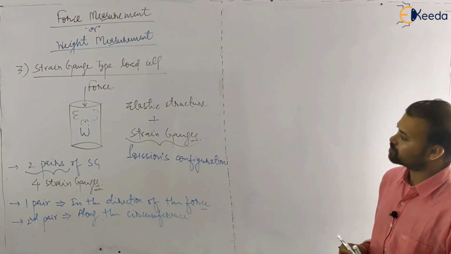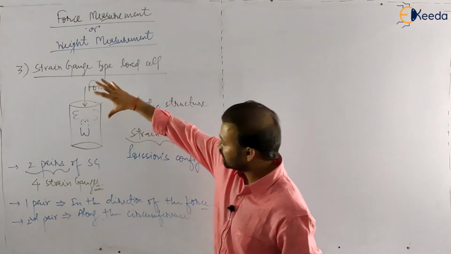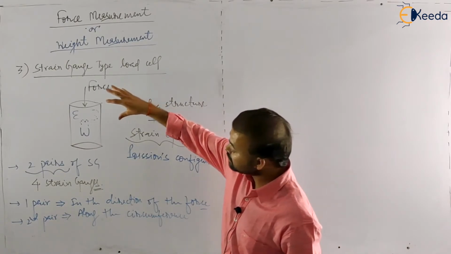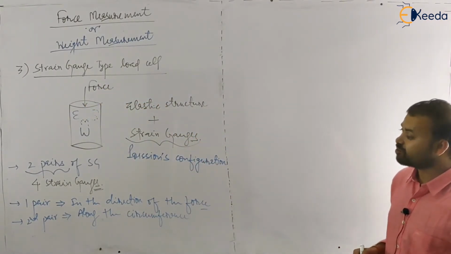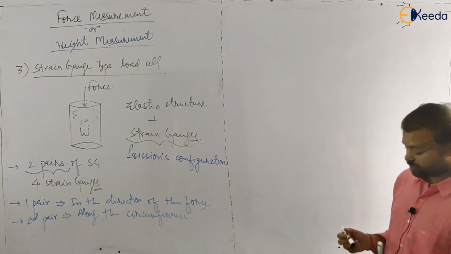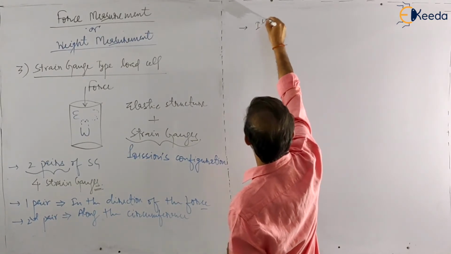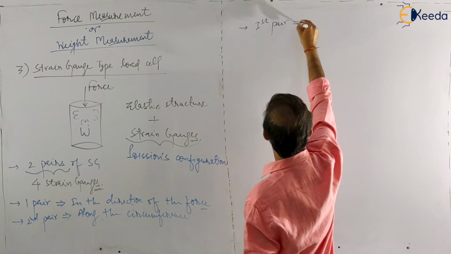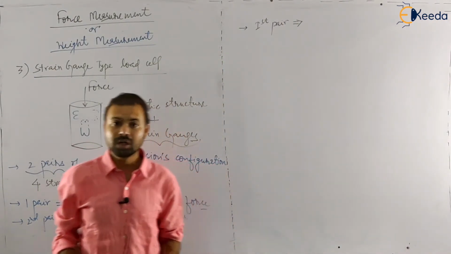So the first pair, which is connected along the direction of the force, will be experiencing which type of strain when the force is applied on this elastic structure, tensile or compressive?